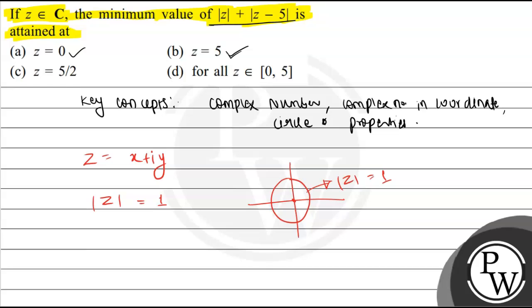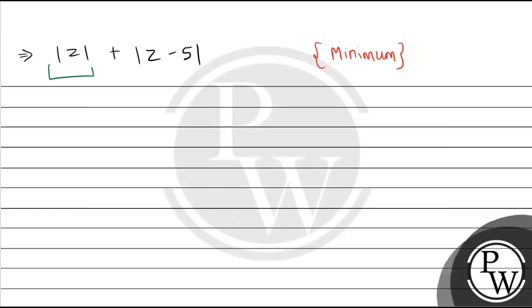So let's try to solve this question. In this question it is given mod of z plus mod of z minus 5, and we have to find the minimum value. So at what condition should these two values be minimum? One thing is very clear: these two values will individually be positive, because they are moduli.